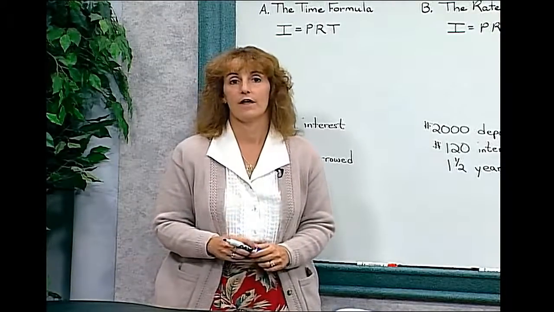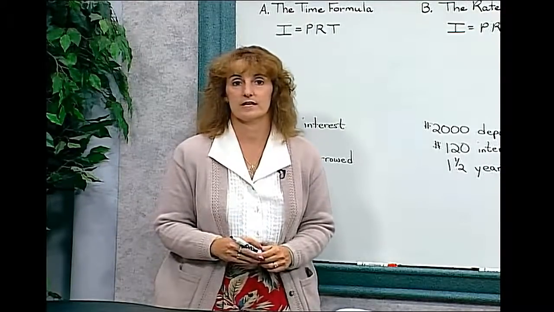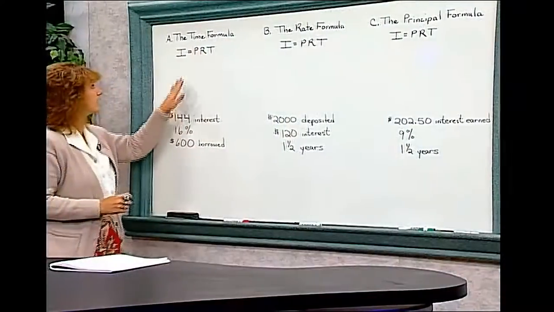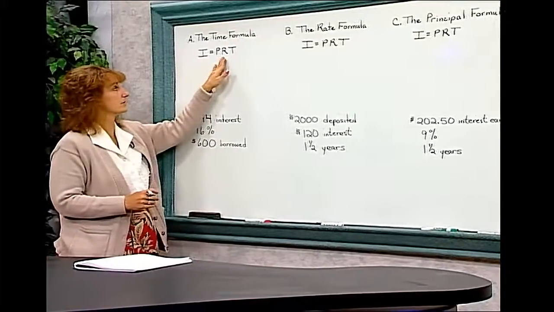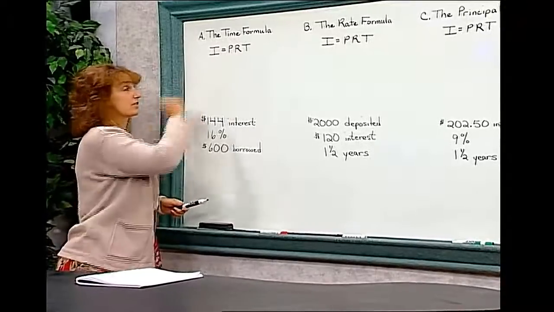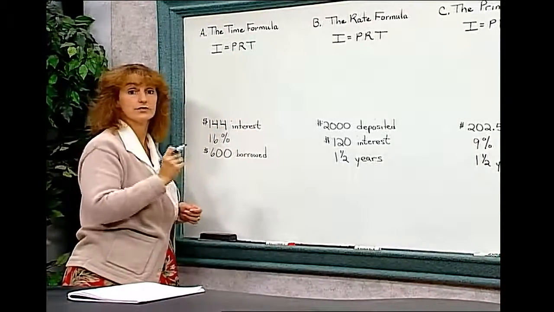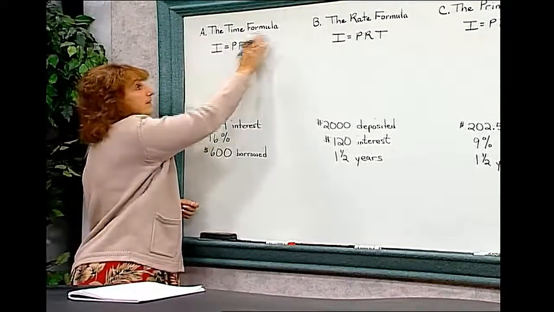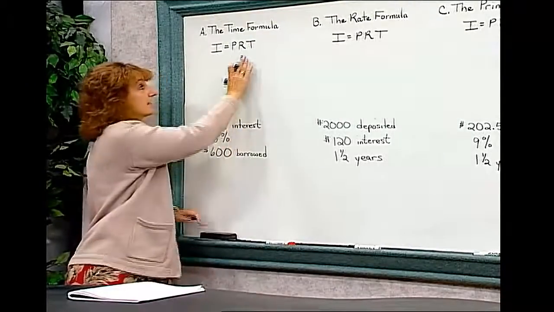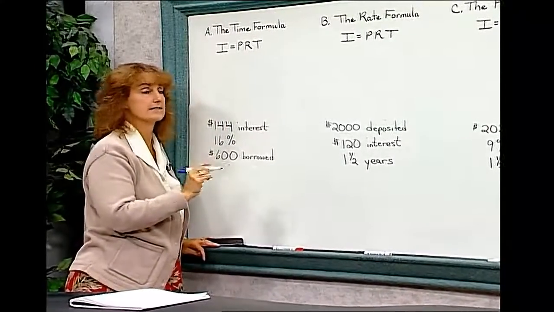You need to know that we can use our interest formula and manipulate it to give us those answers. Let's look at the formula. Interest equals principal times rate times time. Algebraically, we can change this to solve for principal, rate, and time, and we're going to do that. First, we want the time formula. Since we need to solve for time, we want that t left there by itself.